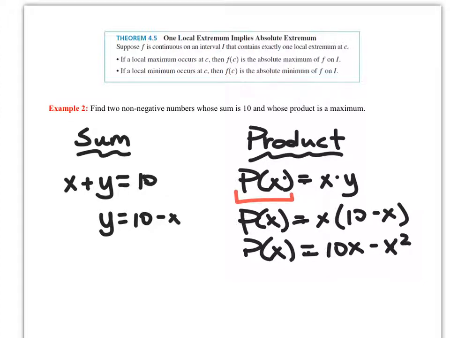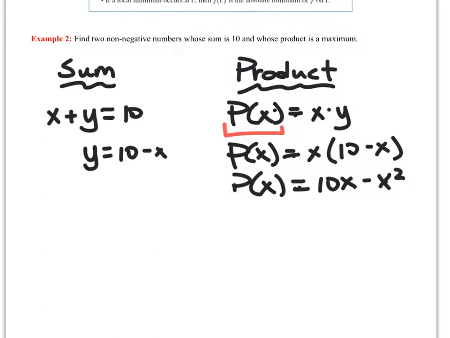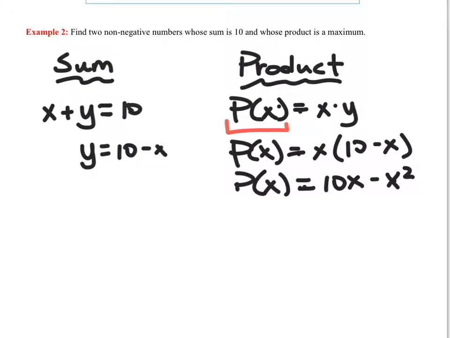Just as a reminder, if I want to maximize something, a couple ways to find a maximum. I could find where the derivative is 0, and leading up to that from the left-hand side, the derivative is positive, then it's 0, and then it's negative.